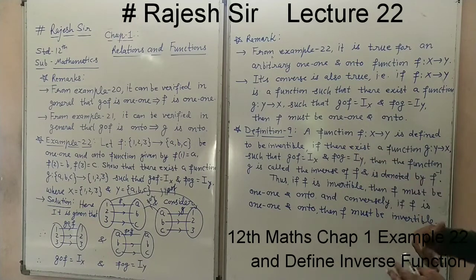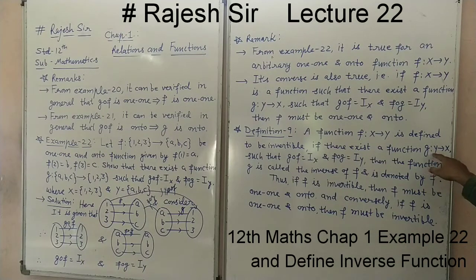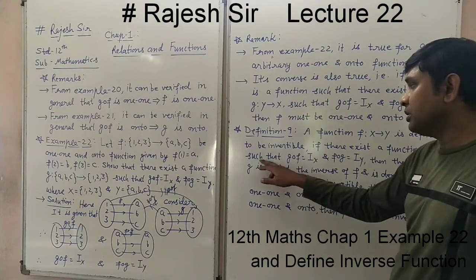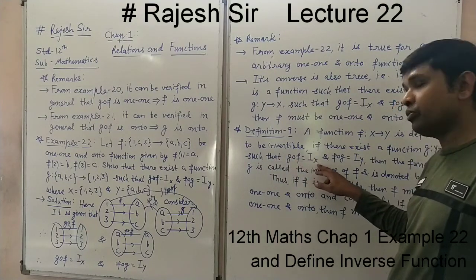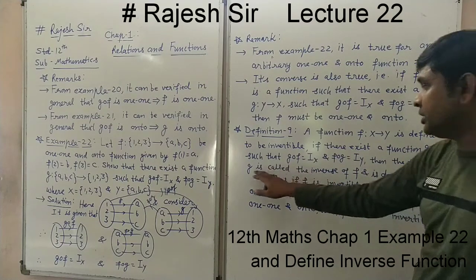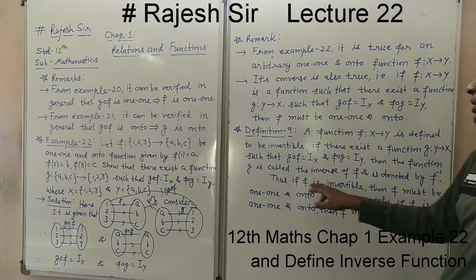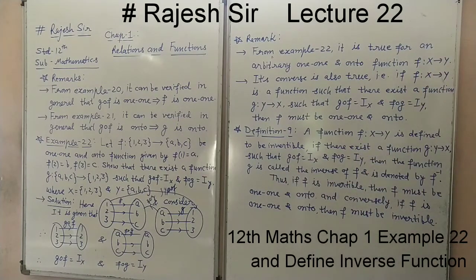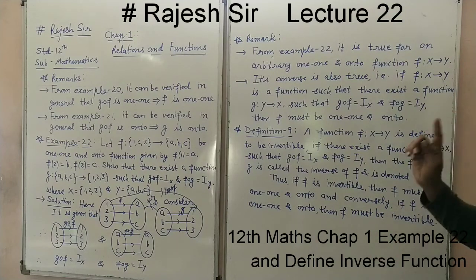For f to have its inverse function, one more function we have to consider, that should be g from y to x, because for f from x to y, domain and codomain are x and y. In g we have to invert it, so domain and codomain are y and x. G from y to x, such that GOF equals Ix and FOG equals Iy, then the function g, which we have considered here, is called the inverse of f.